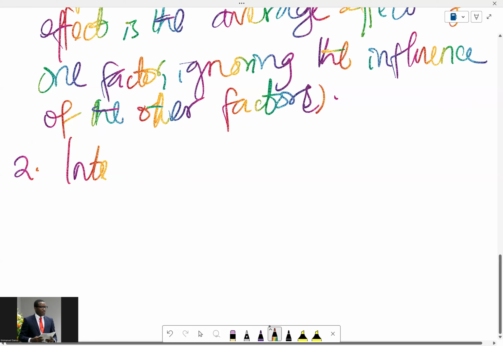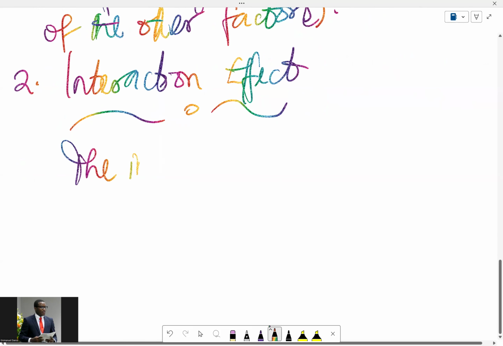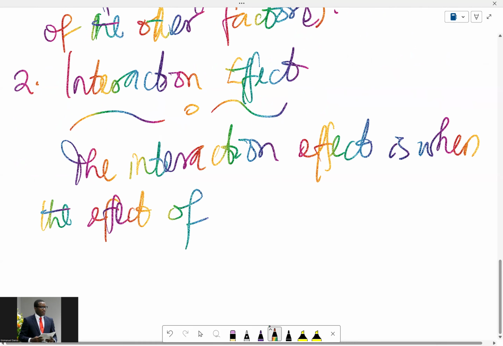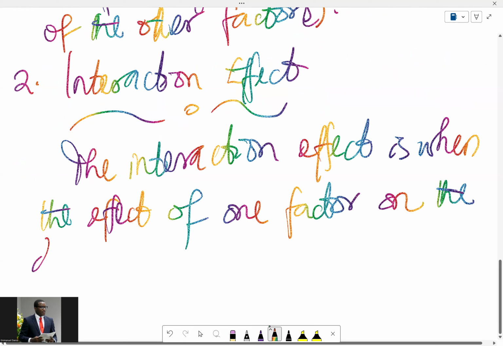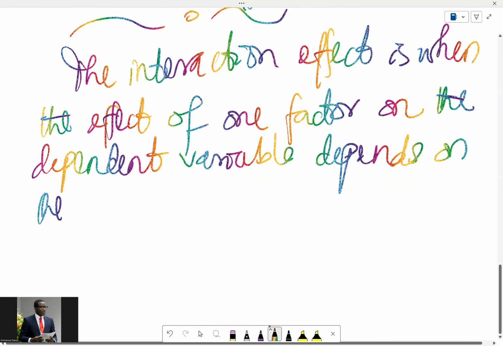Then we go for number two. There's also the interaction effect. The interaction effect is when the effect of one factor on the dependent variable actually depends on the level of the other factor.